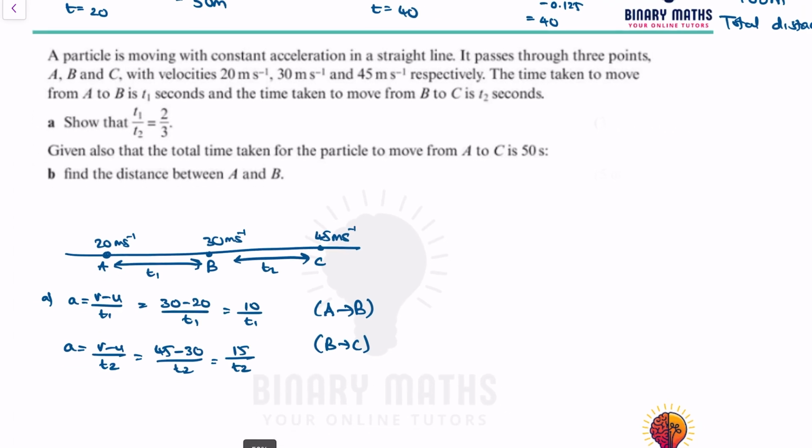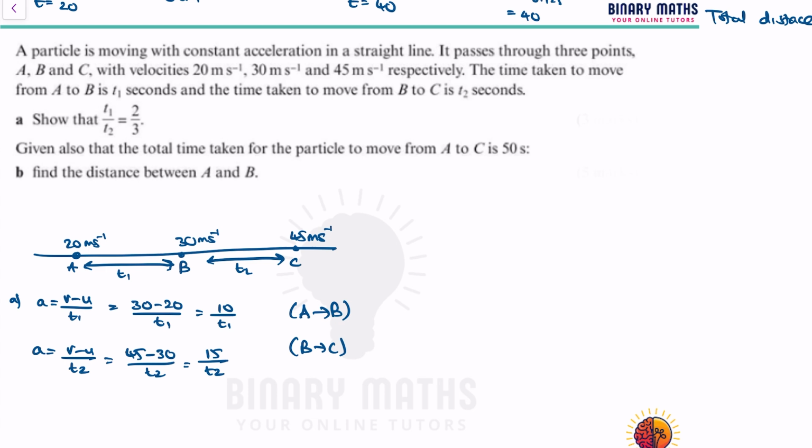Now, because acceleration is the same, we know 10 over T1 must be equal to 15 over T2, which implies that T2 over T1 is 15 over 10.